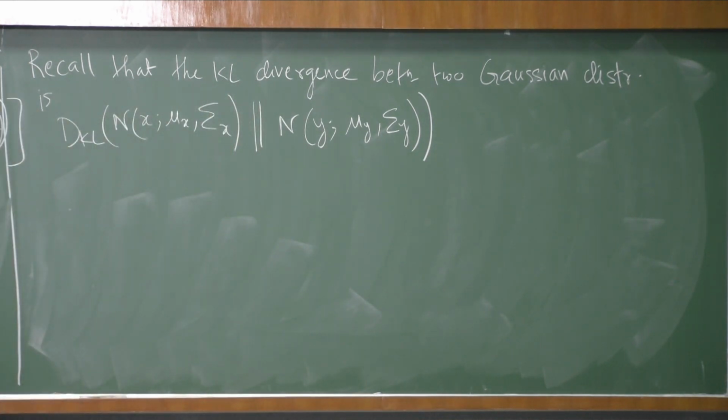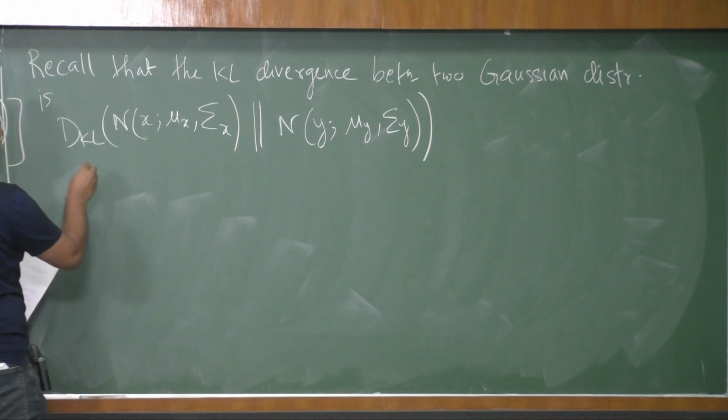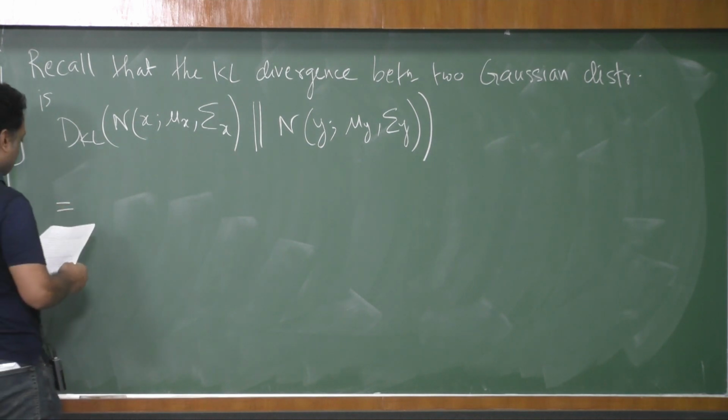So in general, we have two normal distributions given, and we want to find a closed form expression. Well, it's well known. In fact, I believe I have done this in the previous classes.